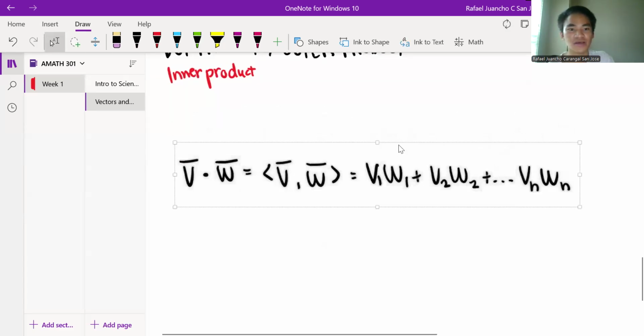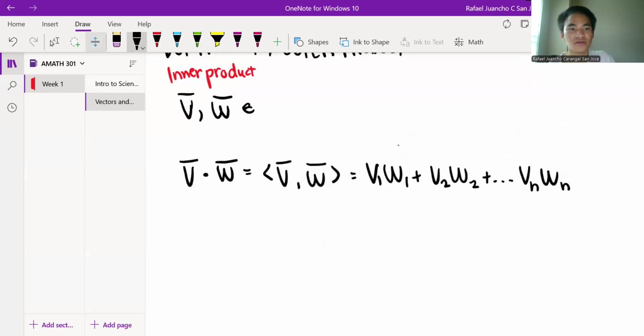This V vector as well as this W vector are both real numbers and they both have dimension n.